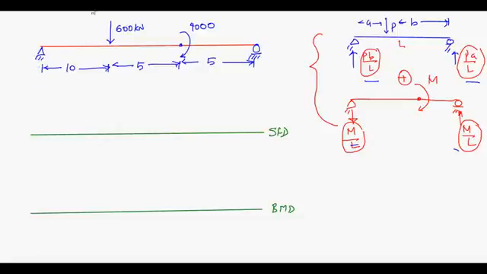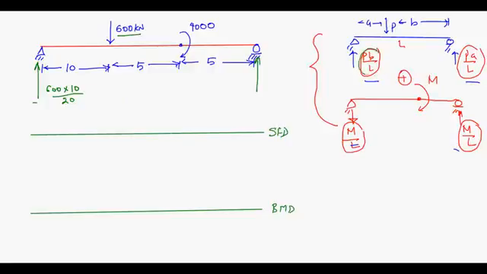Let me use green color. Suppose I am writing the reaction here and here. What is the reaction here, the left one? This 600 will produce a reaction equal to 600 into 10 divided by 20. Are you able to understand this?